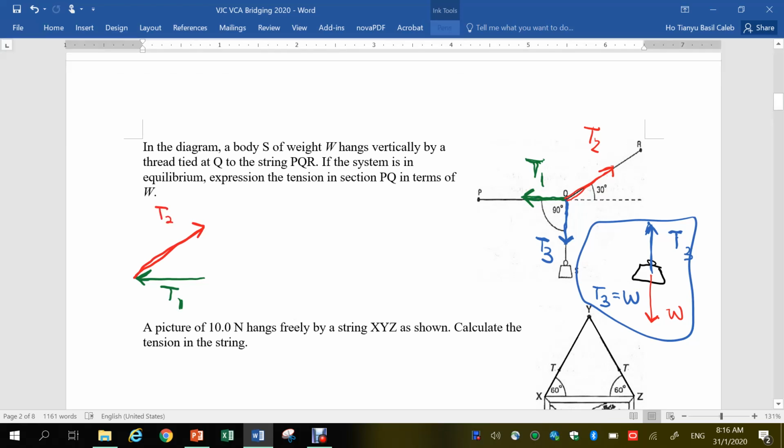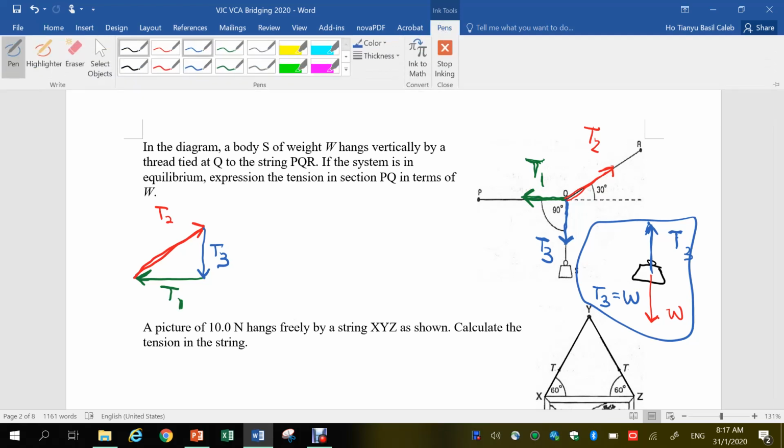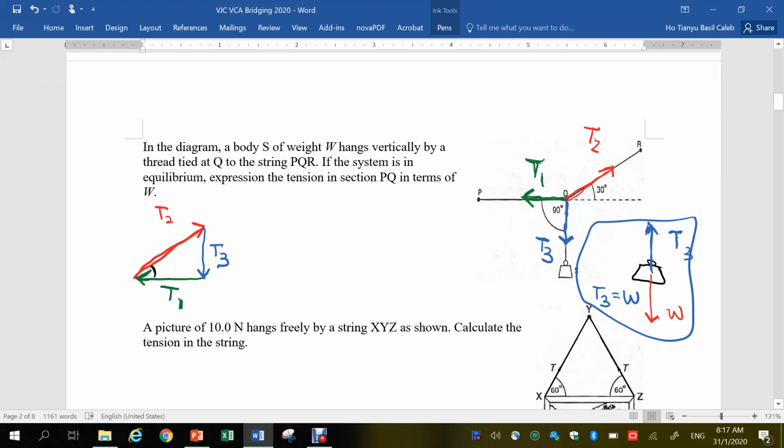And last, we have T3. Okay. And if you look at the angle of T2 above the horizontal, T1 is a horizontal line. T2 has an angle of 30 degrees above the horizontal. We can easily add in 30 degrees as the angle here.